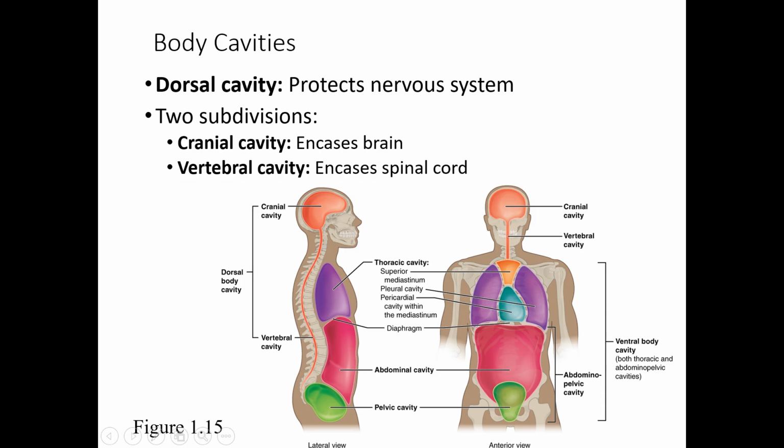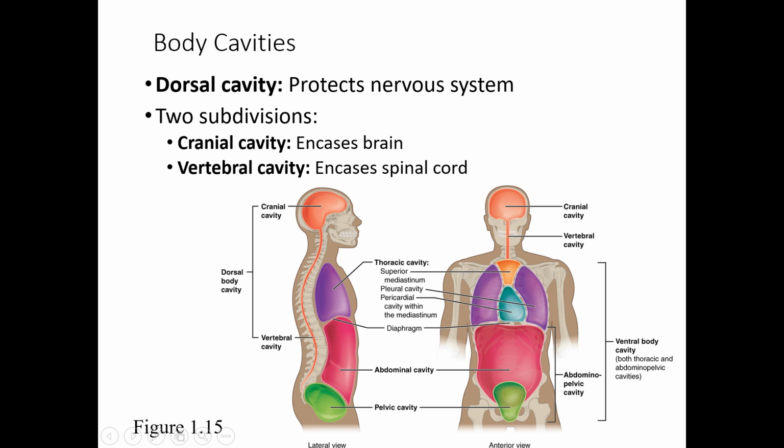Body cavities. Body cavities are spaces inside of the body containing our organs. The dorsal cavity would be this one. It has the orange color. So the dorsal cavity is where our central nervous system is located.